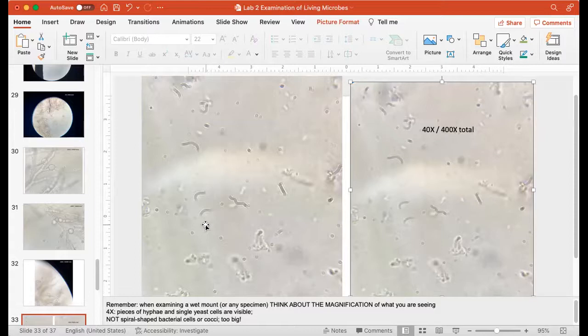Here's a question. Do you think that these are bacteria? Could these be spirochetes or spirilla, these cells? Remember, spirilla and spirochetes are the sort of wavy looking coiled bacteria. Do you think that's what those might be?